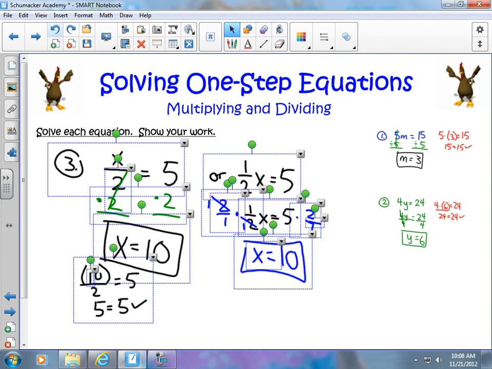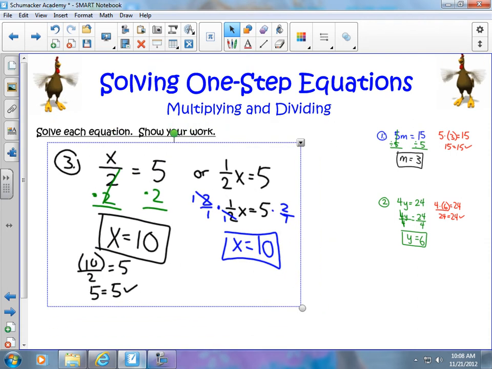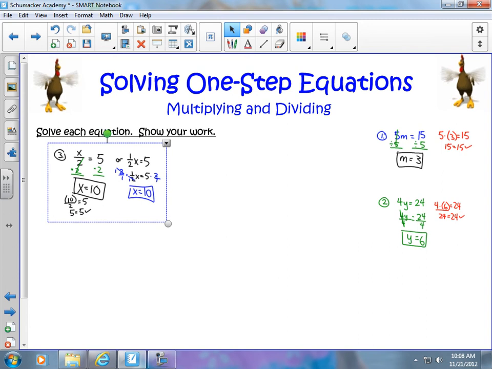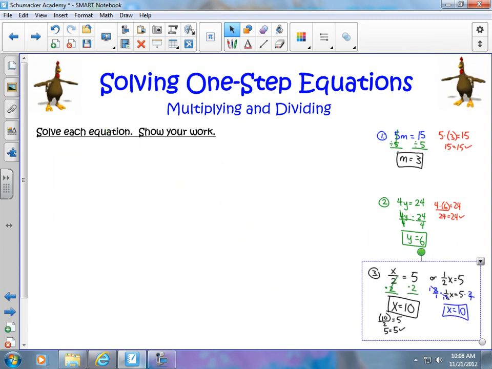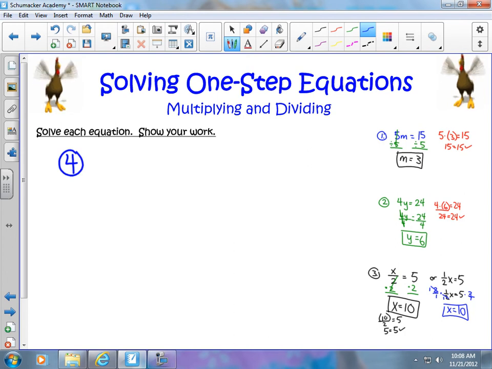There's actually one other way that I can show you how to do this, if it makes more sense to you. You have to let me know if you understand it. Actually, there's a few other ways I can show you. Let's do w divided by 6 equals 3. So another way of doing this is I'm going to rewrite my w divided by 6 equals 3.